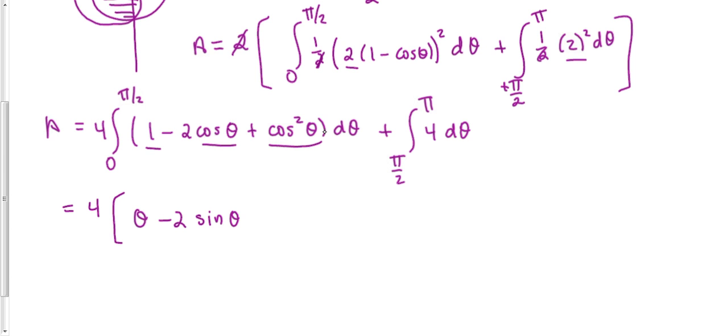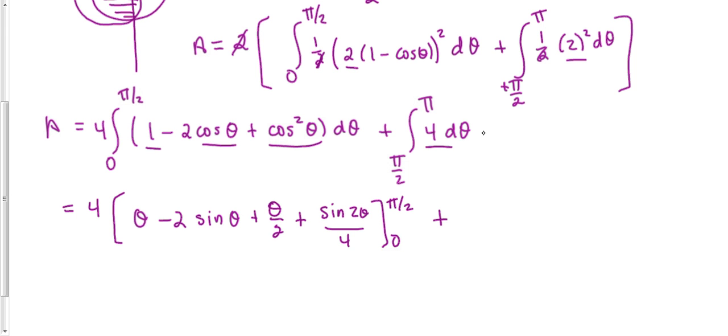And then the cosine squared theta is a little more complicated, but if you look up the integral of cosine squared theta d theta in the integral table in the back of your book, which is section A7, you will find that that integral is theta over 2 plus sine 2 theta over 4, and we're going to evaluate this from 0 to pi over 2.